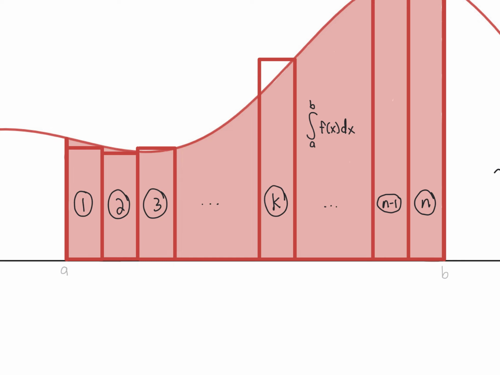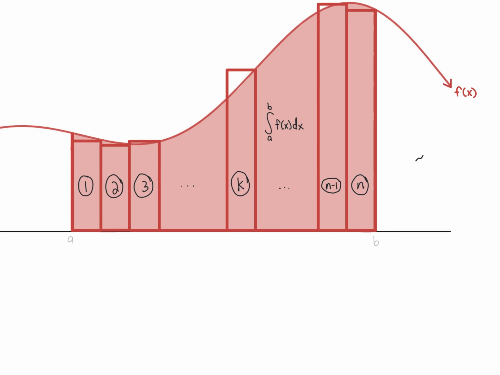Okay, first we want to look at what's the width of each of these rectangles. If this whole interval goes from a to b, then the length of this whole interval is b minus a.